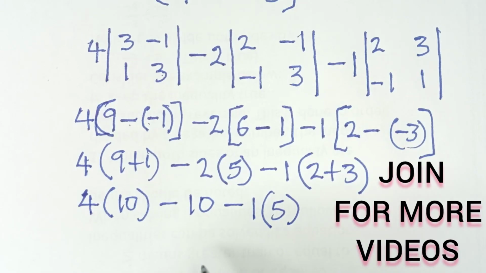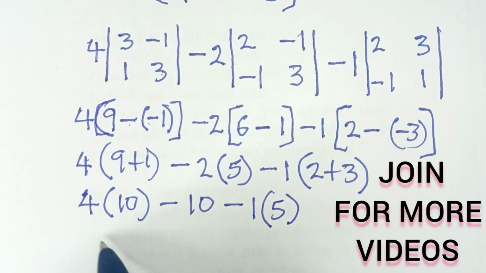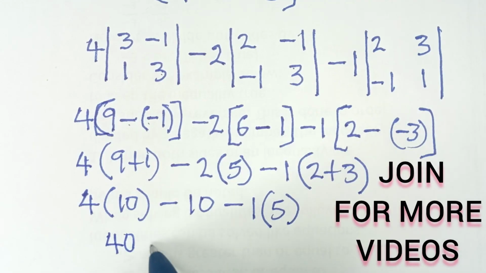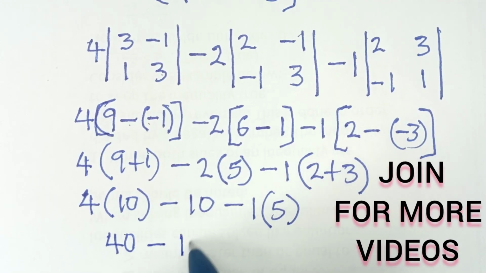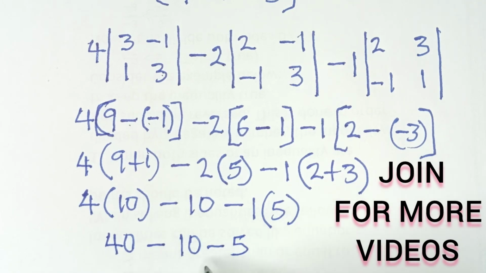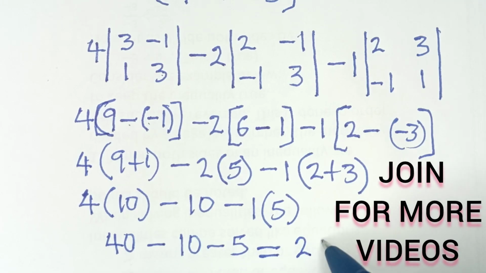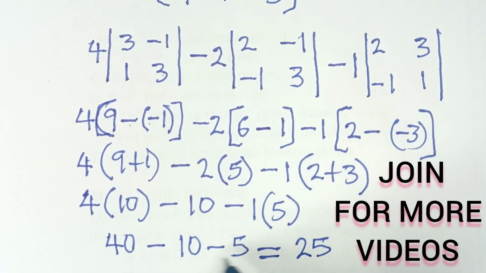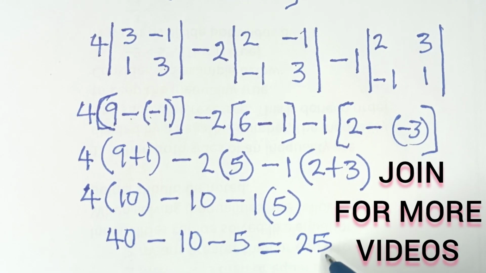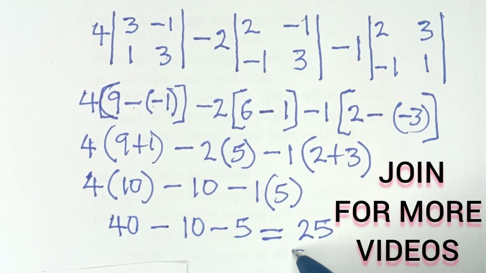So that will simplify to give us 40. 4 multiplied by 10 is 40, minus 10, minus 5. 40 minus 10 is 30. 30 minus 5 is going to give us finally 25. And so that gives us the final answer, which is the determinant of the matrix.